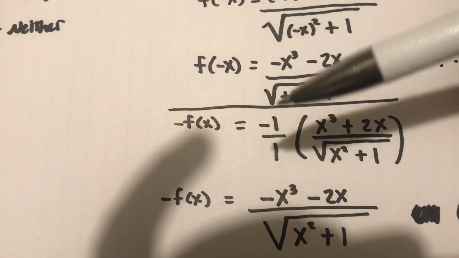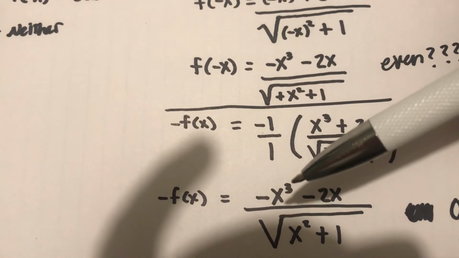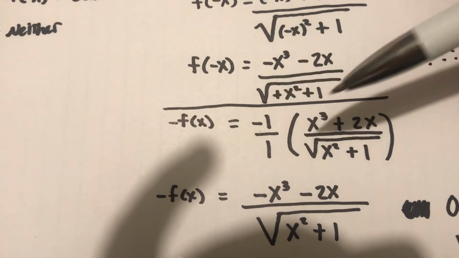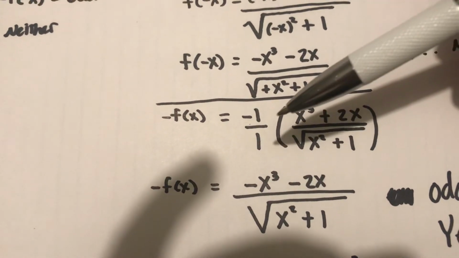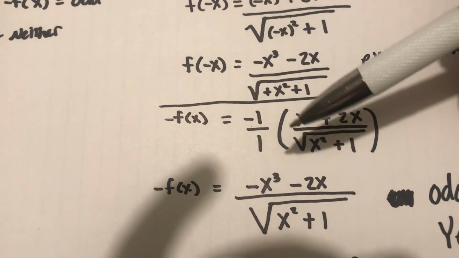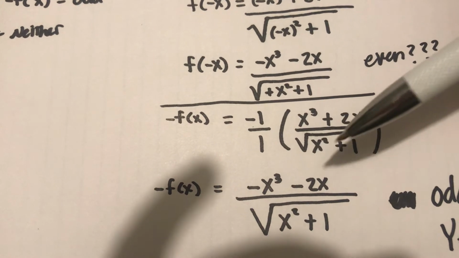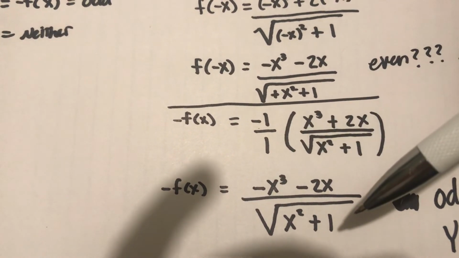And so we've got negative 1 times x to the third is negative x to the third. We've got negative 1 times 2x equals negative 2x. And then we've got 1 times the square root of x squared plus 1, and that's just going to stay the same, since anything times 1 is itself.